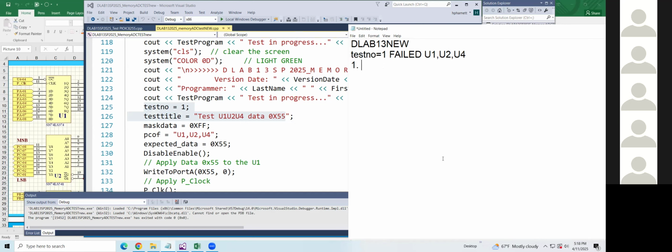They say drive to port A, 0855. And number two, they apply the clock.